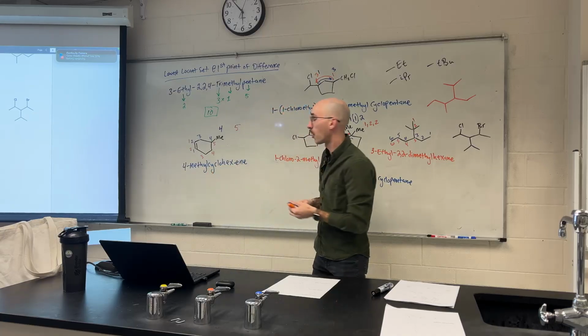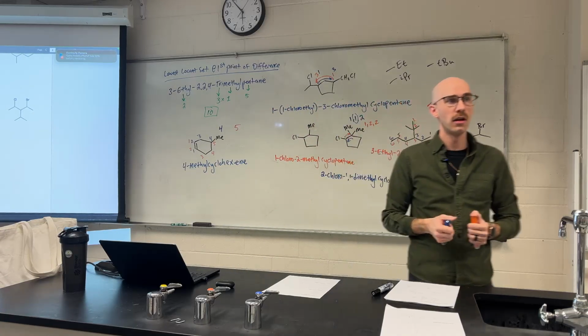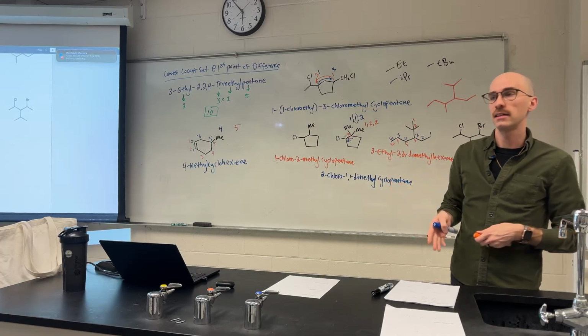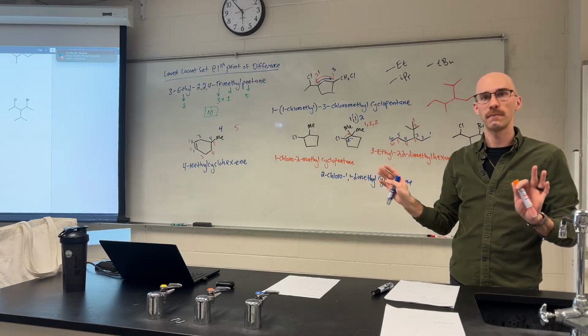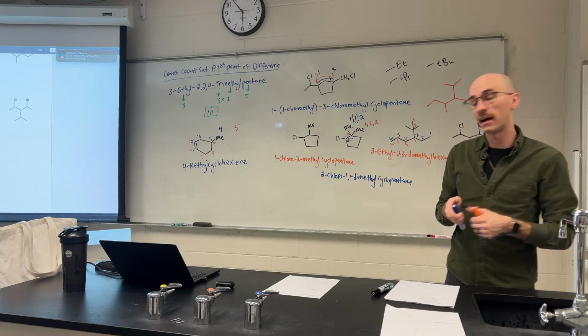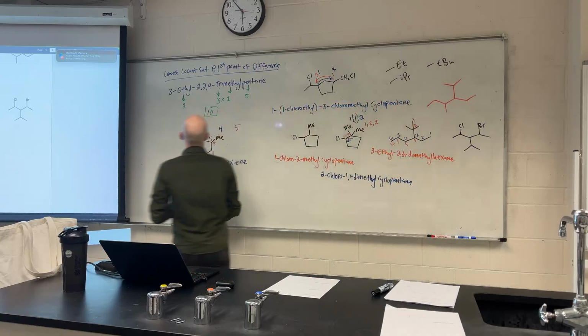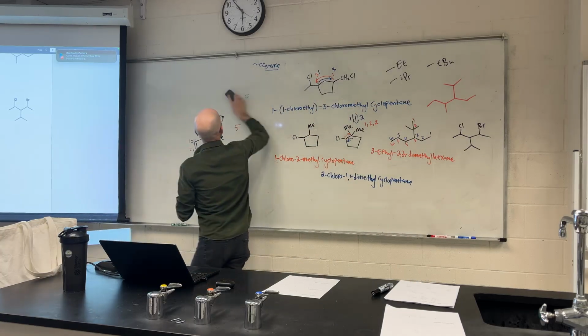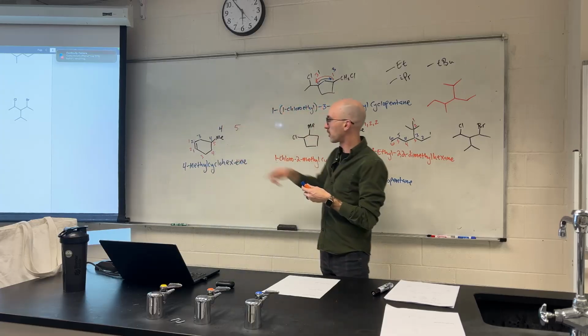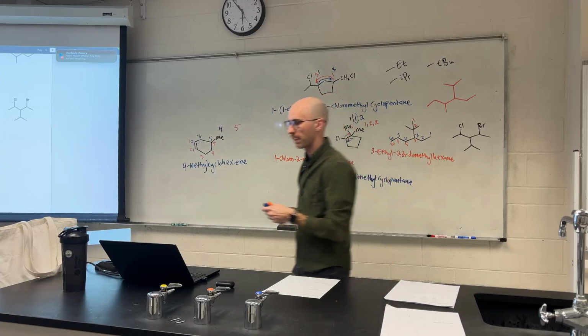Would there be anything wrong about calling it 4-methyl-1-cyclohexene or 4-methylcyclohex-1-ene? No, that would be perfectly fine. But it is an opportunity for us to lean into the assumption that we lowered the locant set for the alkene.